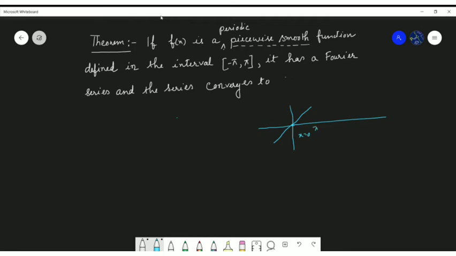Here it is pi, here it is minus pi. Okay, to understand the convergence theorem, it is also important to talk about the periodic extension. I will come to this thing again. Let me first plot the periodic extension of this function.